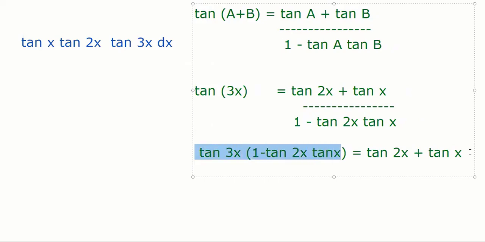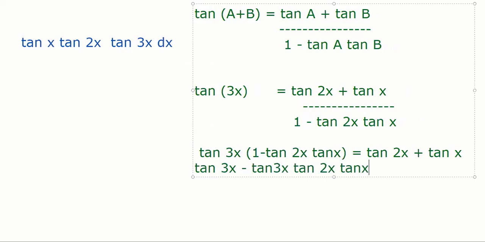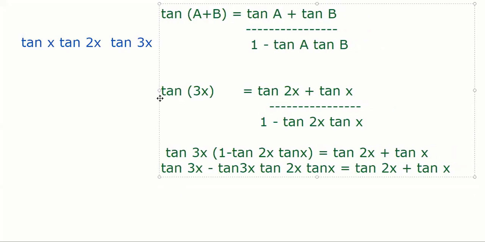This bracket becomes tan of 3x minus tan 3x, tan 2x, tan x equal to tan 2x plus tan of x.